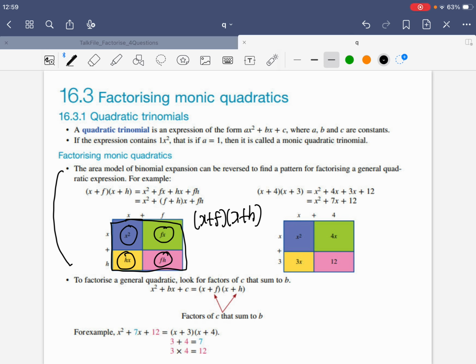One is one side times the other side, and the other is to divide this area into 4 areas and then combine these 4 areas. So another way to do that is x squared, this is the area of this first square, and fx, because this is f here and this is x, and this is h. So in this case, this is hx, fx, and this one is fh. So you can see here.